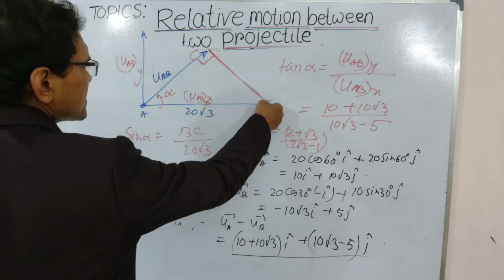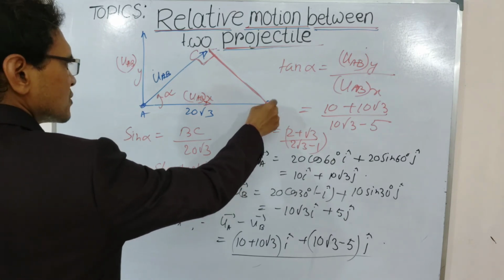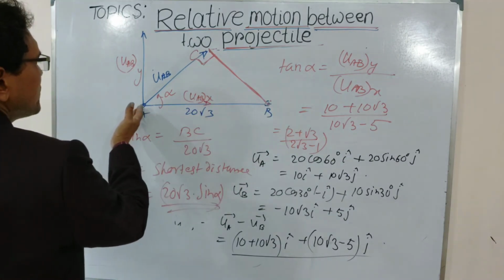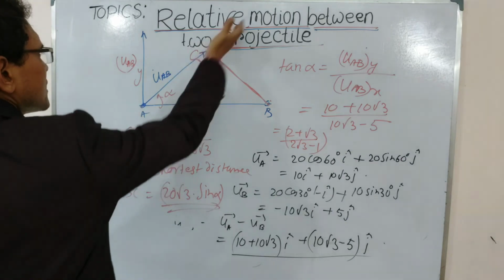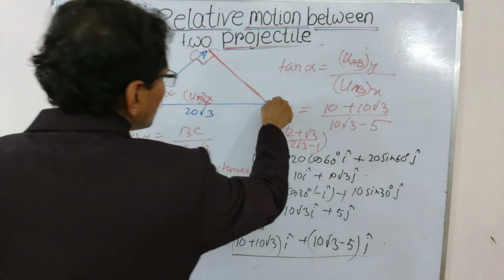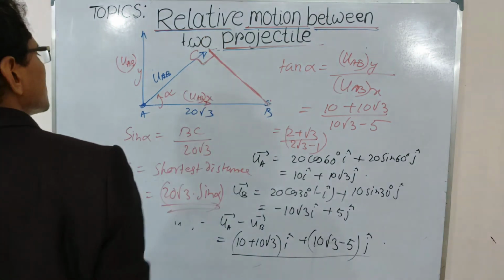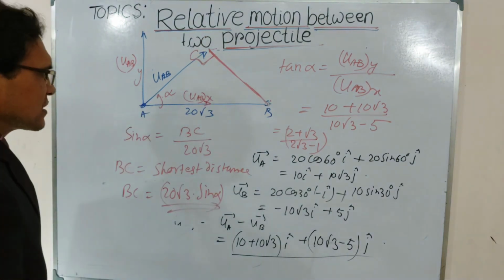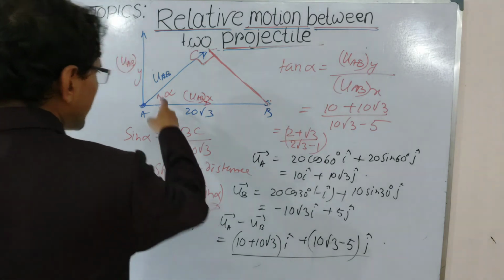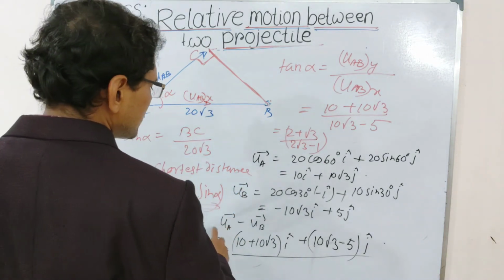The shortest distance is the perpendicular distance. So B is at rest. B is here and A moves along this direction with velocity UAB. Now the shortest distance is the perpendicular distance from B to this line. So we have to find the angle alpha first. To find alpha we have to find UAB.